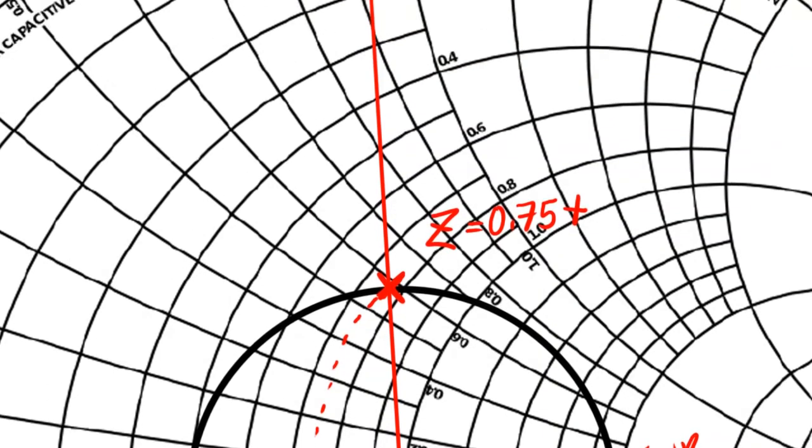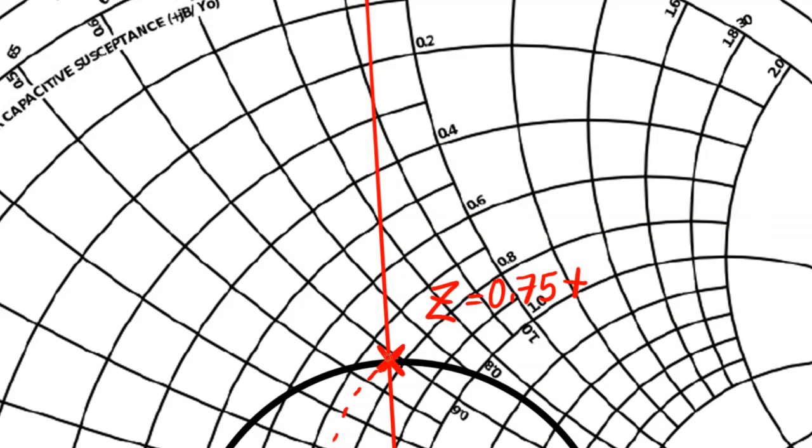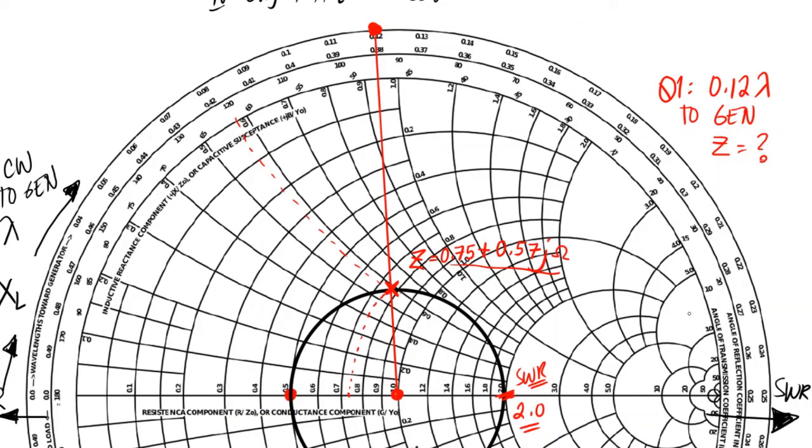And then, let's check its reactance value. It's near 0.6, between 0.5 and 0.6, but closer to 0.6. So that is plus, the value is probably around 0.57 j ohms. So, you can say that 0.12 lambdas towards the generator, the impedance we see is 0.75 plus j0.57 ohms. It's inductive.